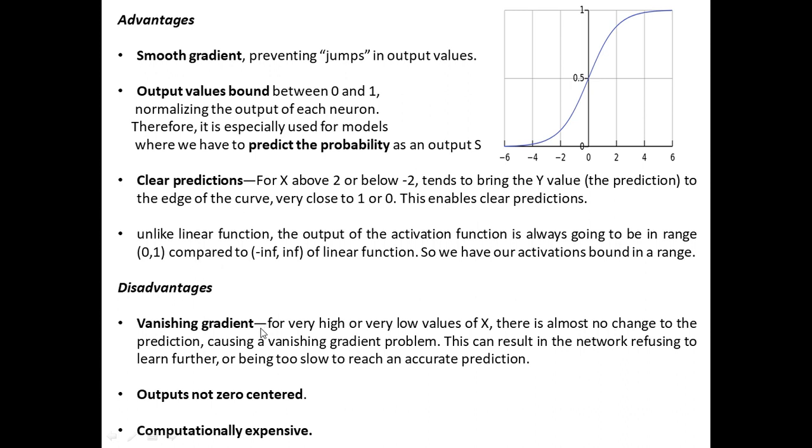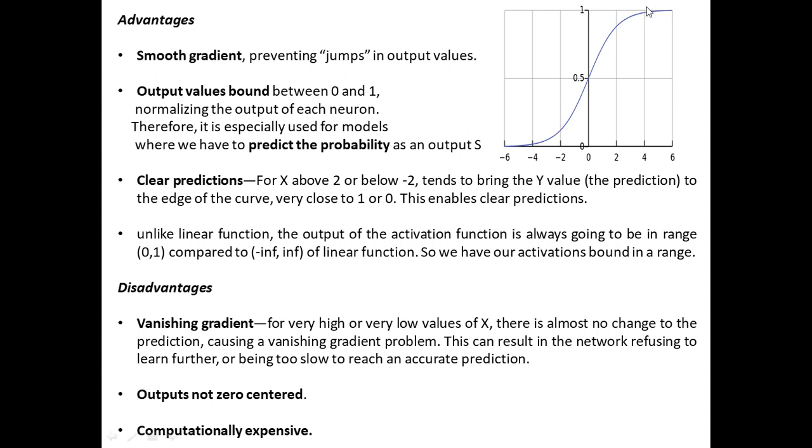The first one is vanishing gradient. If you see here, when the value of x reaches 2, and whenever the value of x is greater than 2, this graph is going to have no change. That is, for very high values of x or very low values of x, there is almost no change here, causing the vanishing gradient problem.